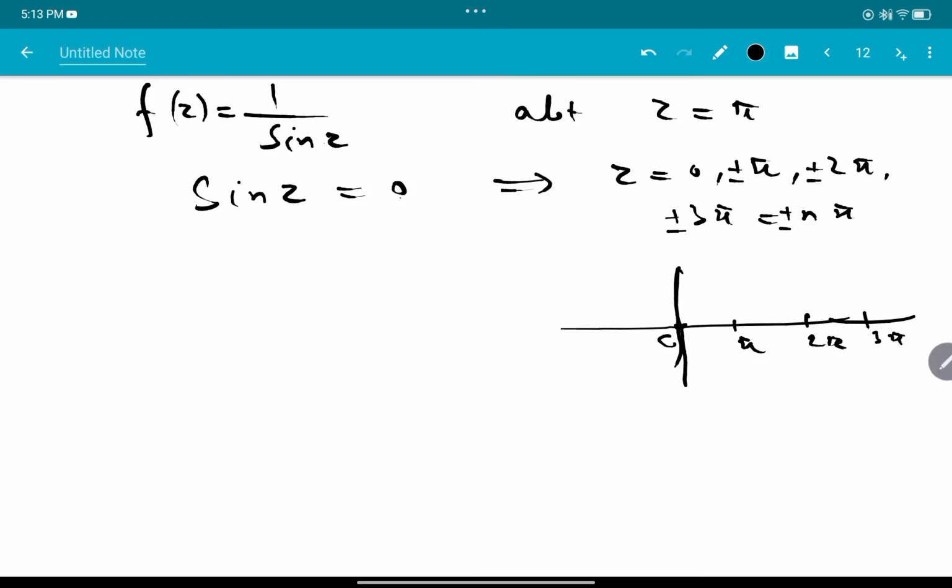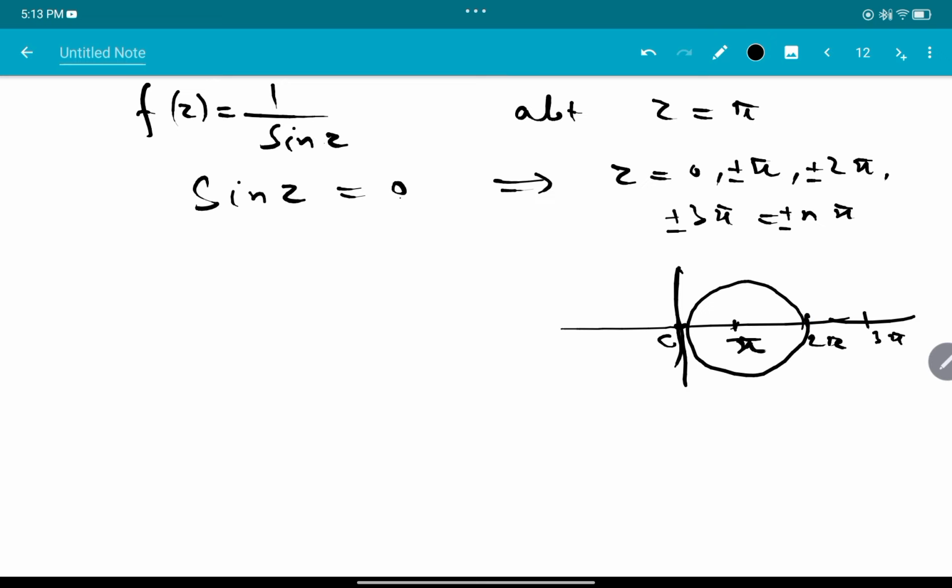If I show them here, it is 0 here, pi here, 2 pi here, 3 pi here, and so on. Now I have to expand this about z equal to pi. If I want to expand it about this pi, there should be a region where the function does not have any singularity. The region available to me has a radius of pi. Now I want to expand it in this region.